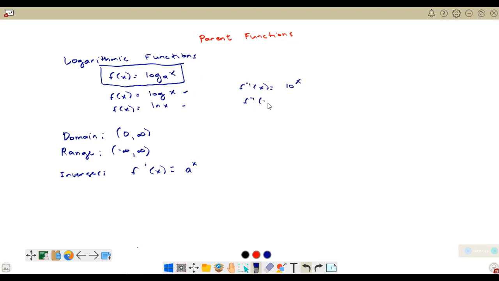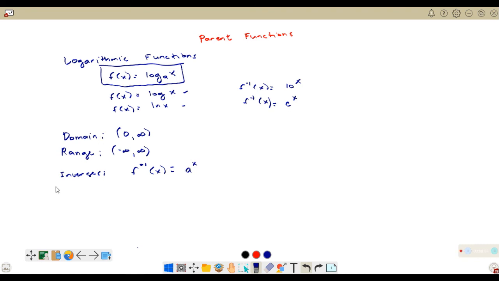So the inverse of f of x should be equal to e raised to x. It's hard when the math gets mixed up. We are also doing derivatives, by the way. So it should be inverse, not prime. So it is f inverse, or the inverse of the function is equal to a raised to x.